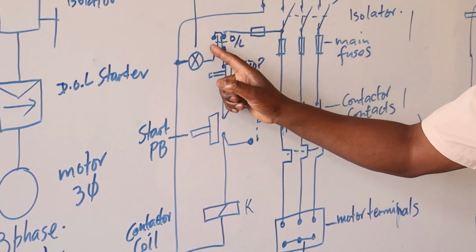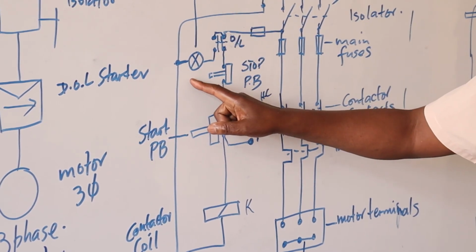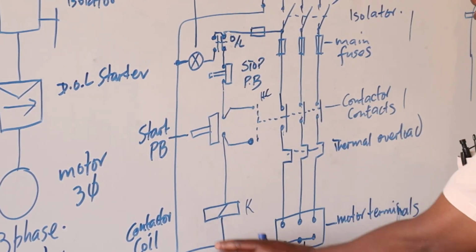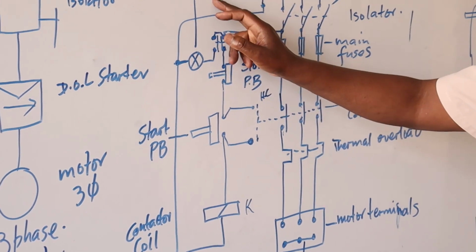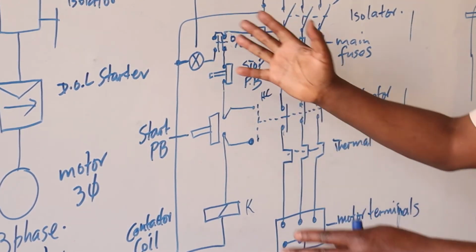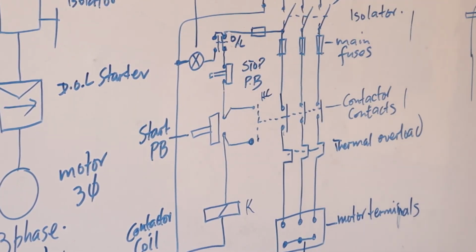This contact here will make, and your trip indicator will come on. So the motor will switch off, and your trip indicator will come on. Somebody can know that your motor has tripped. Briefly, that's how our DOL operates.